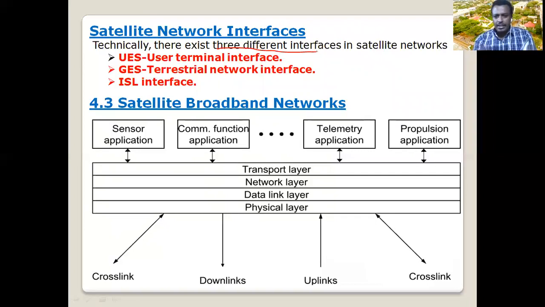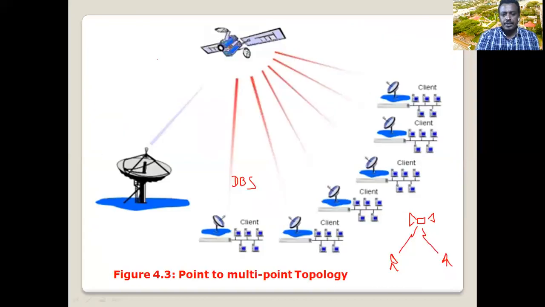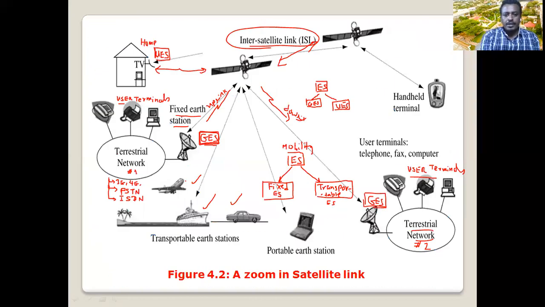In satellite networks also, we have different types of interfaces. The first is UES, user terminal interface. Earth stations are classified into two, GES and UES, based on the users.